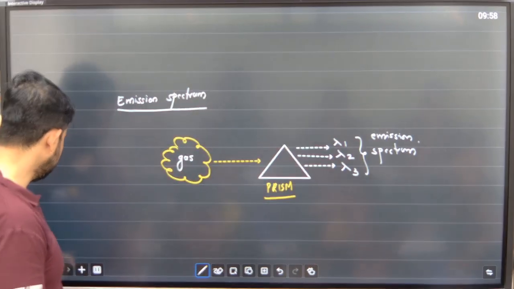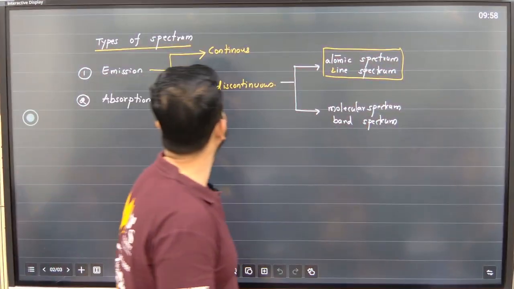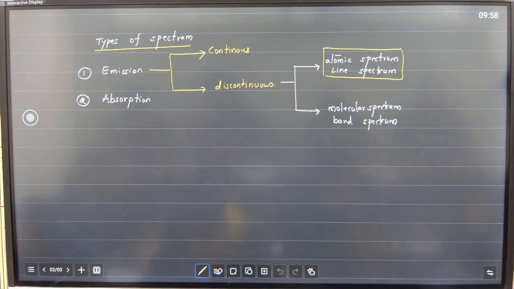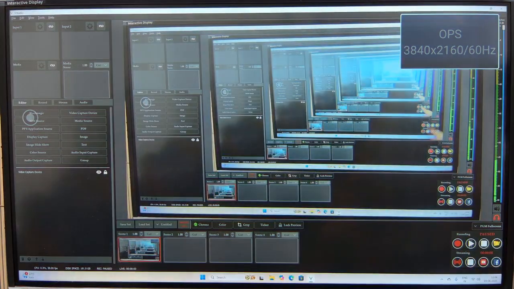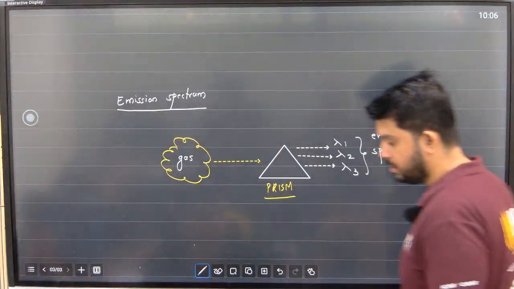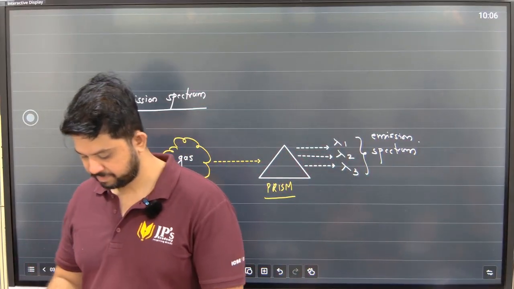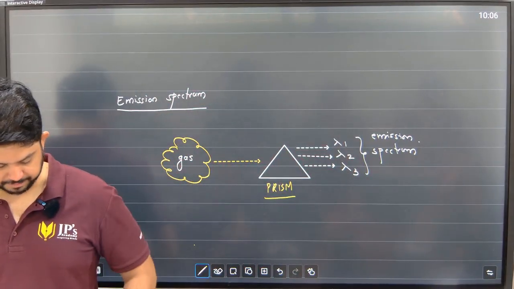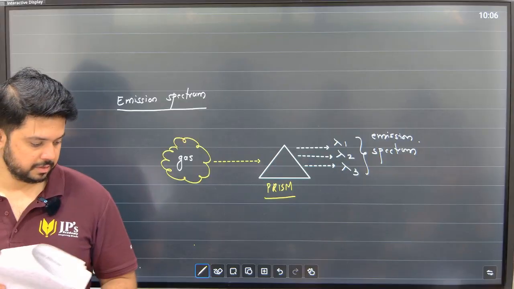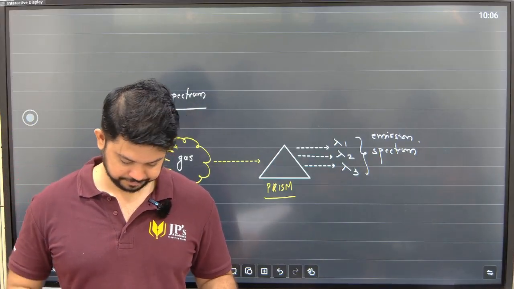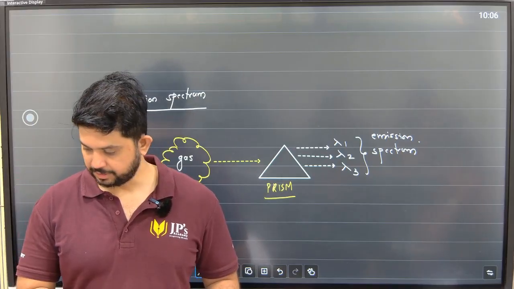सबसे पहले please write down types of spectrum. Quickly copy this for me. Continuous spectrum.